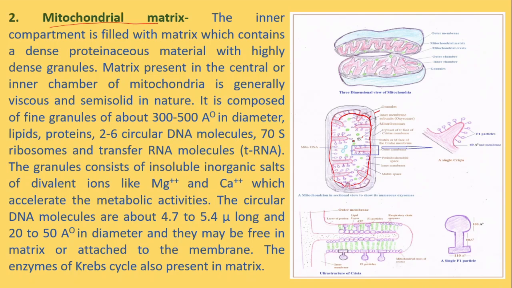The inner compartment filled with matrix contains a dense proteinaceous material with highly dense granules. Matrix present in the central or inner chamber of mitochondria is generally viscous and semi-solid in nature, and it is composed of fine granules of about 300 to 500 angstroms.